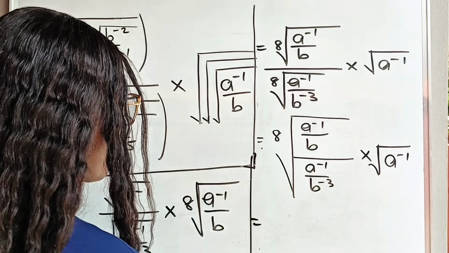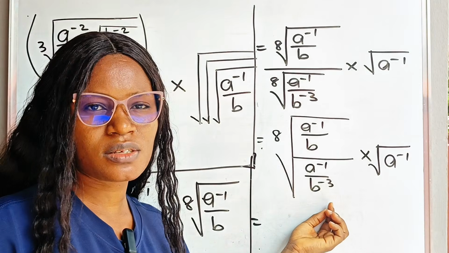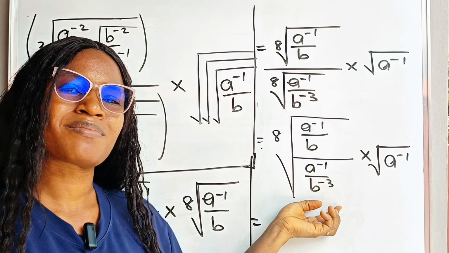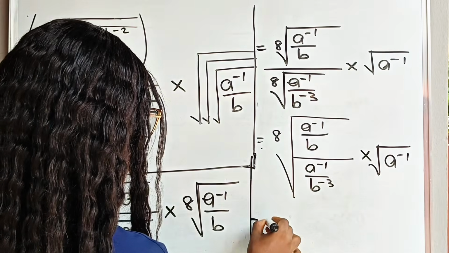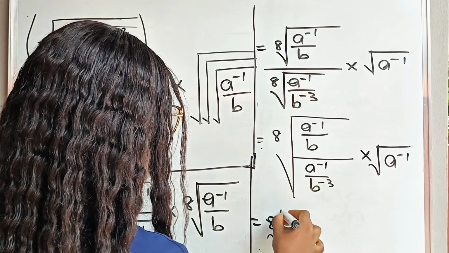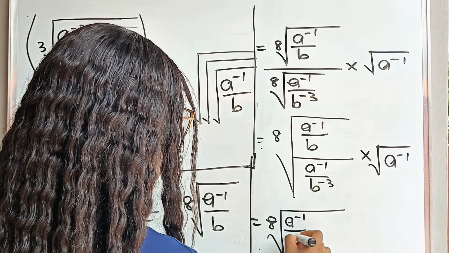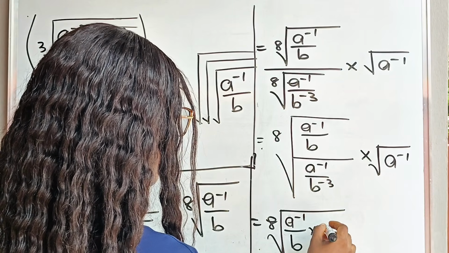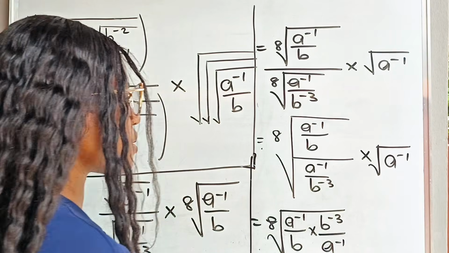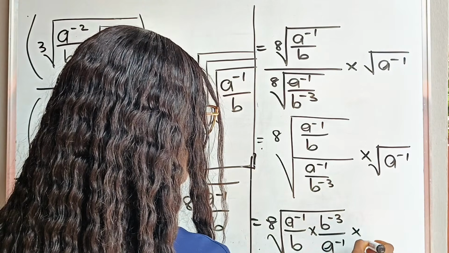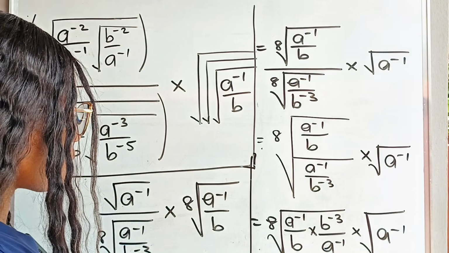Now recall that if you want to divide by a fraction, it's equal to multiplying by its reciprocal, right? So we can now write this as the 8th root of a to the power of negative 1 over b multiplied by b to the power of negative 3 over a to the power of negative 1, then multiplied by the square root of a to the power of negative 1.